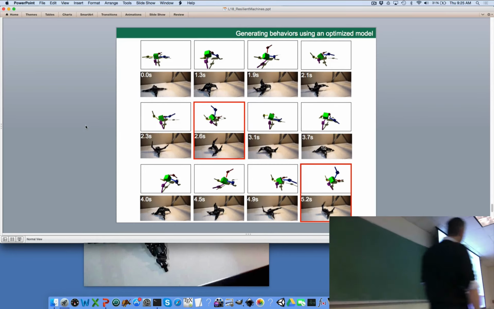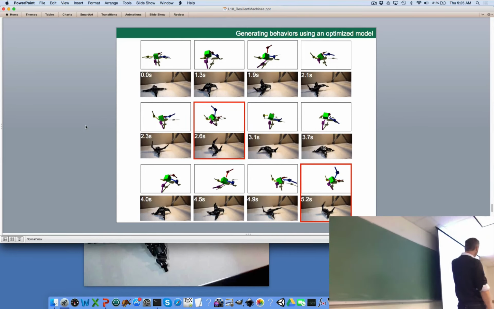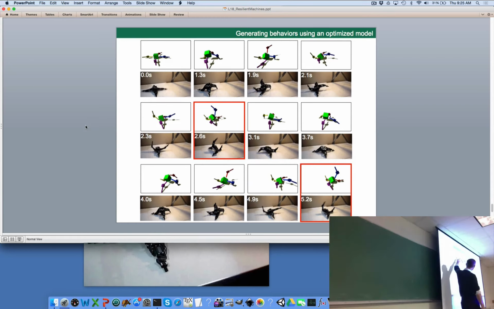I tried to analyze the simulated evolved gait for the intact robot, the one that I showed you, versus how it actually plays out in reality. It turns out that this gait, for some reason, transferred very well from simulation to reality, although there were particular points in the gait cycle where the robot was doing something very different.